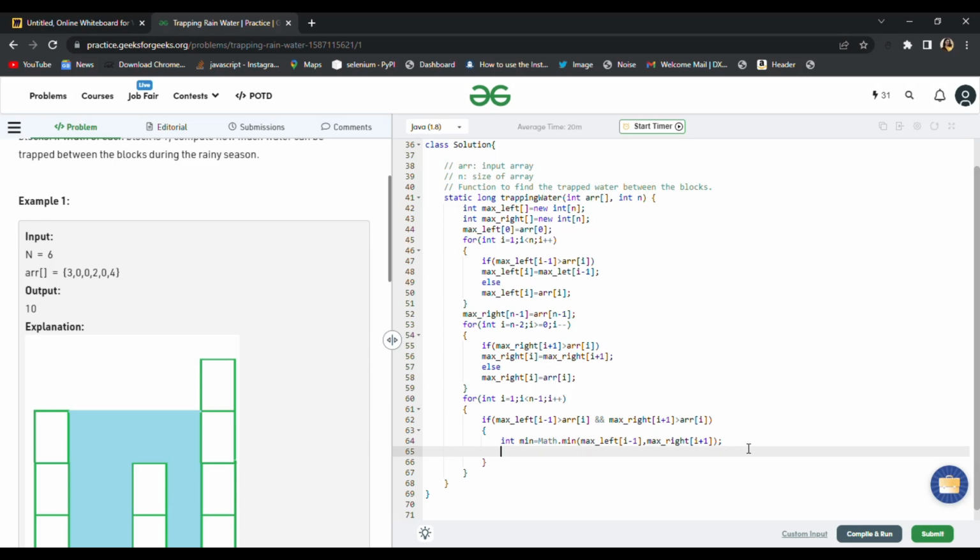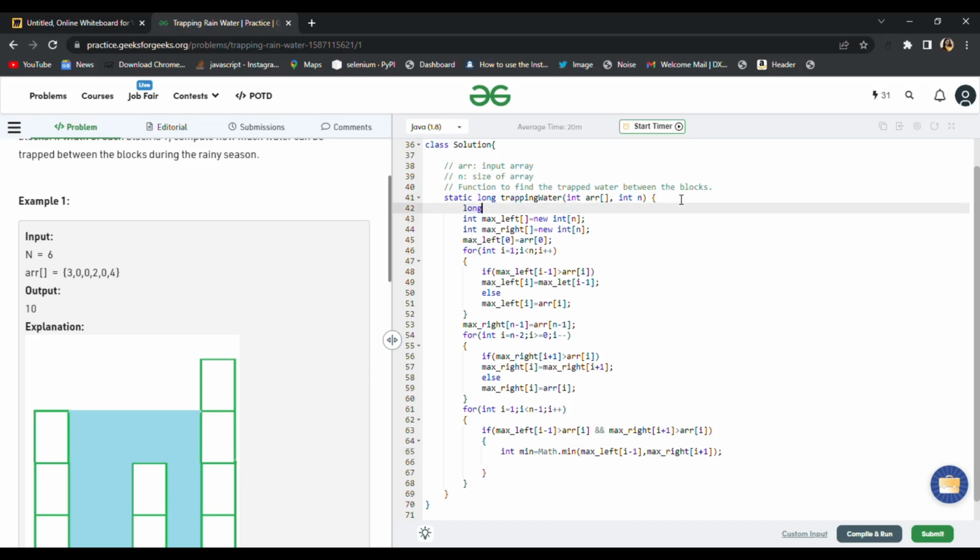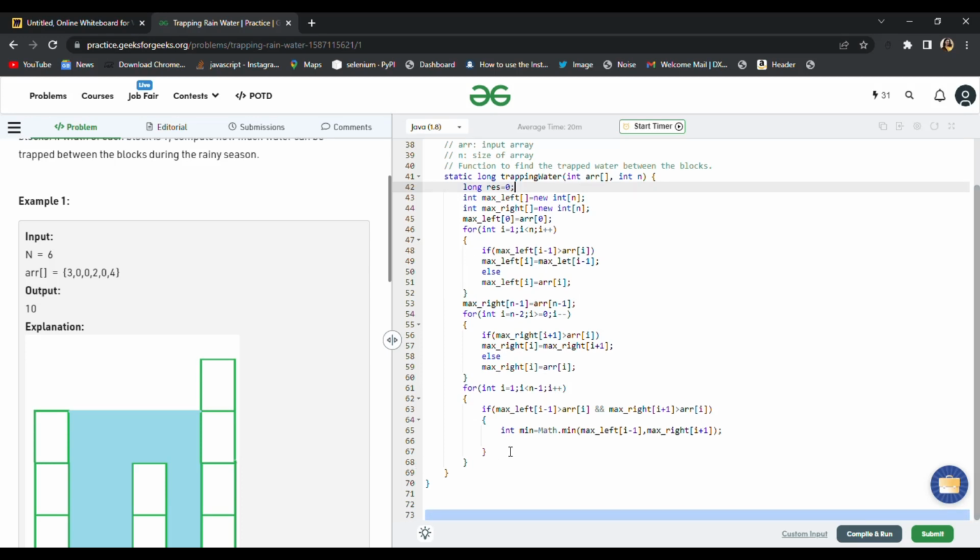So now what do we need to do? We need to take a result variable which is of long type, because we need to return the result in long. We'll initialize it with 0. Now we need to add this minimum to the result.